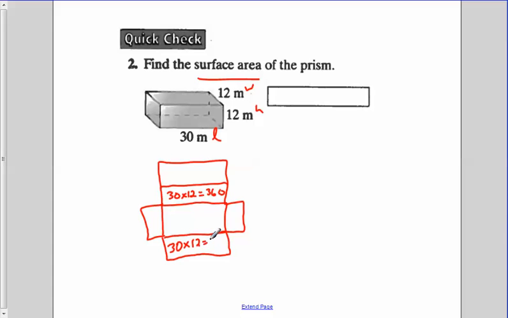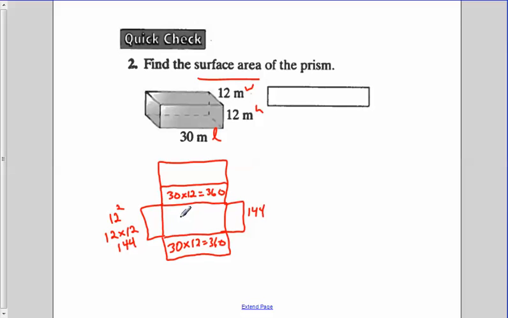That equals 360. And then I've got the sides. So that's going to be 12 squared, or 12 times 12. So that's going to be 144. And so that's going to be the same thing over here, so 144.